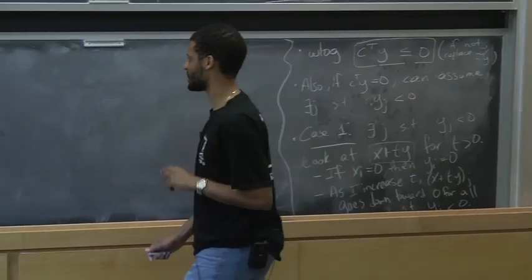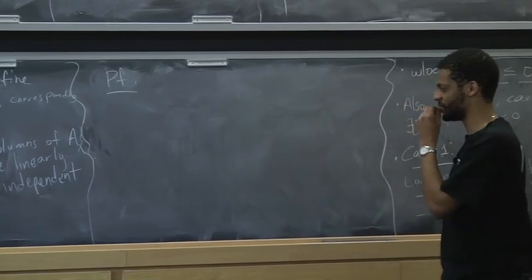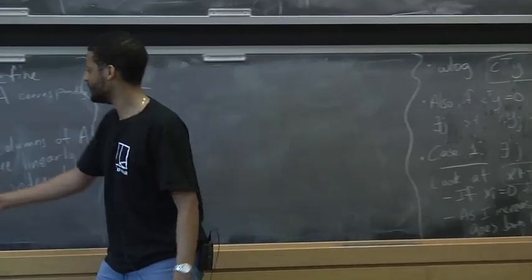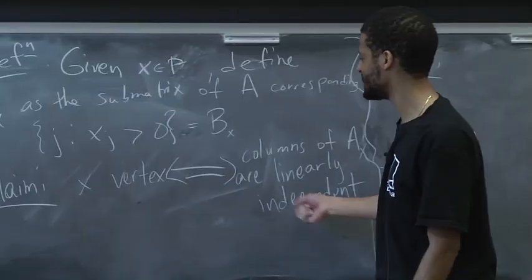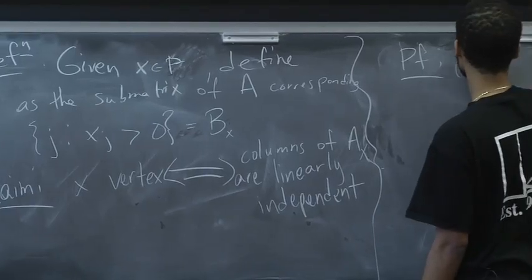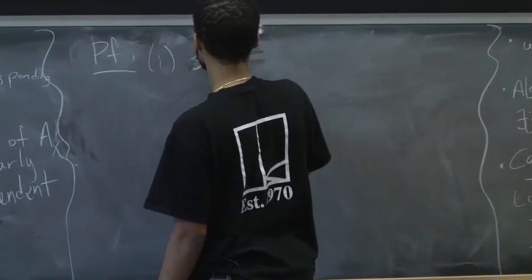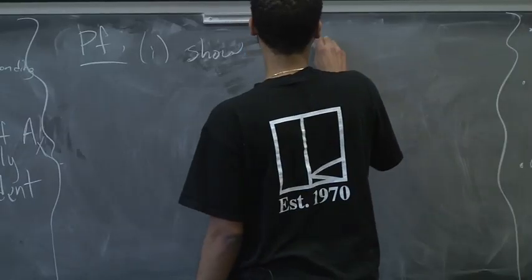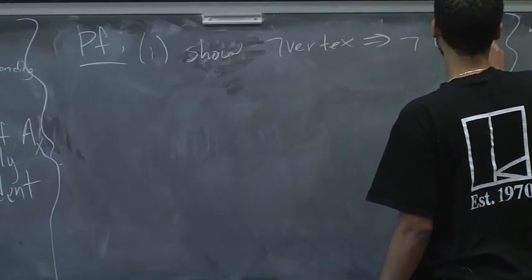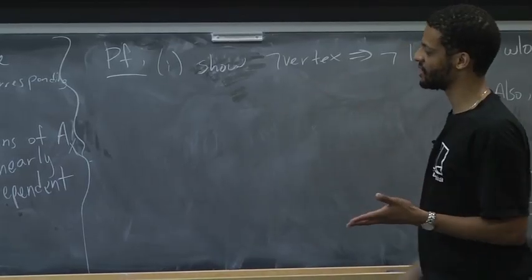So okay, let me prove this claim. The way I'm going to prove this claim is I'm going to prove the contrapositive twice. I'm going to prove that not this implies not this, and also not this implies not this. So I want to show not vertex implies not linearly independent. Again, I'll use the definition of vertex.